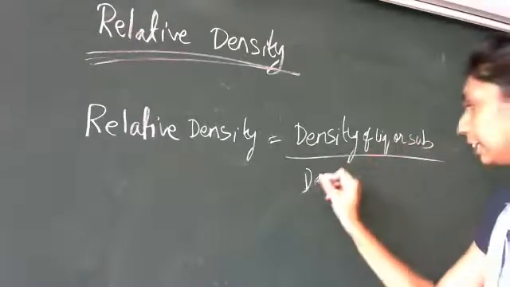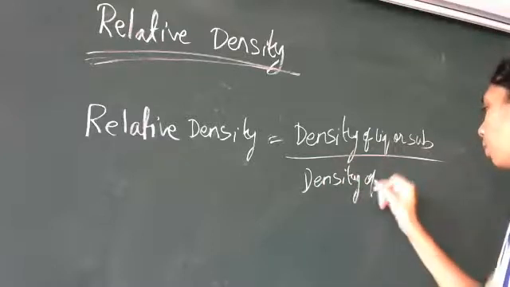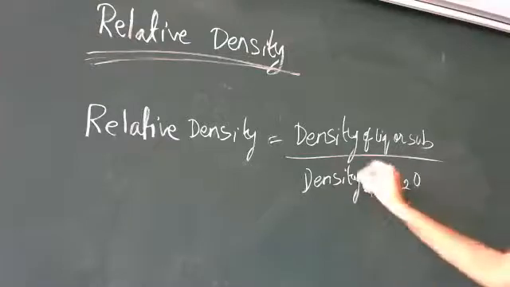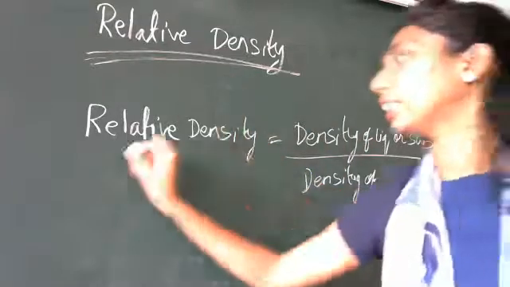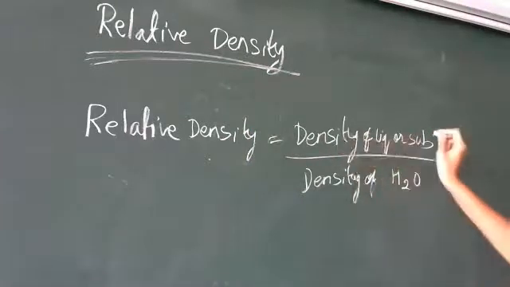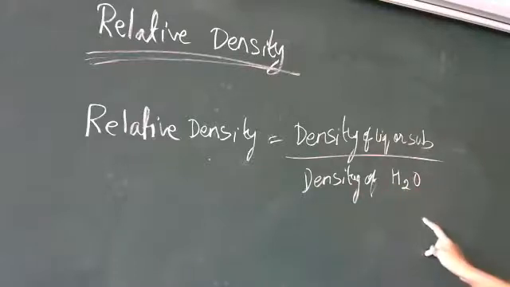Divided by density of water. Okay, so this is the formula for relative density. Relative density is equals to density of liquid or any substance divided by the density of water.